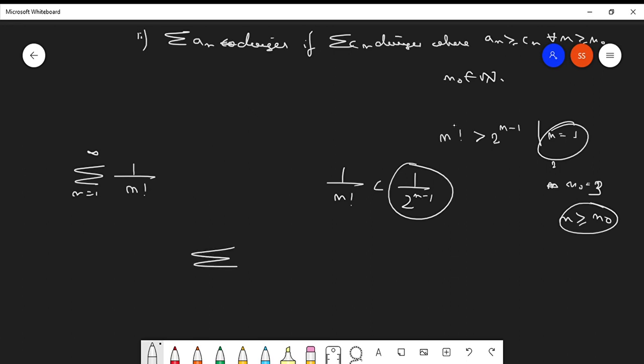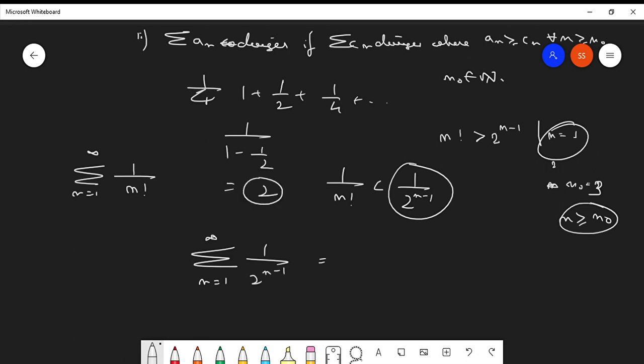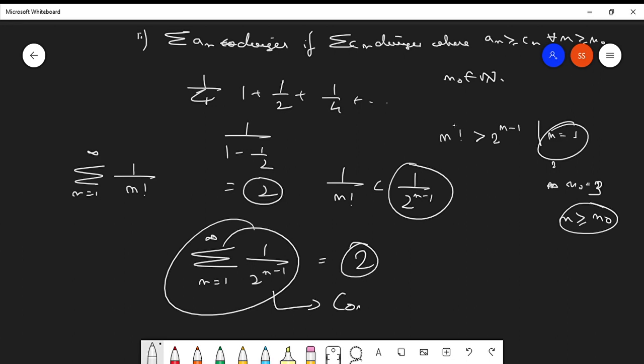The series summation n equals 1 to infinity of 1 over 2 to the power n minus 1 is a geometric series, and the ratio r is less than 1, right? This is 1 plus 1 by 2 plus 1 by 4 and so on, which is 1 over 1 minus 1 by 2, that is 2. So this has a sum, which means that this is a converging series.